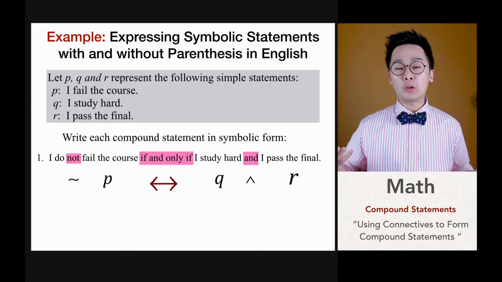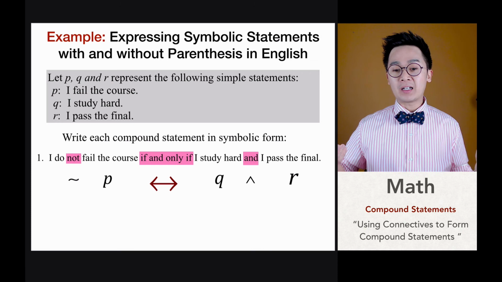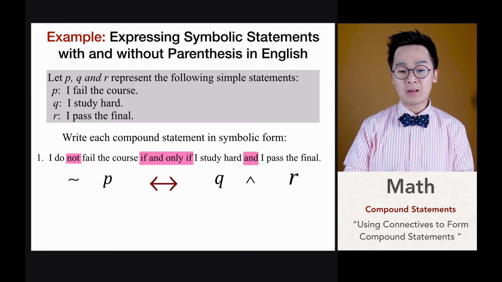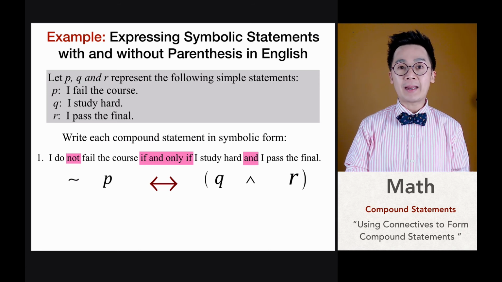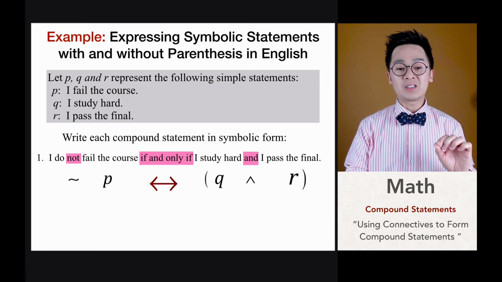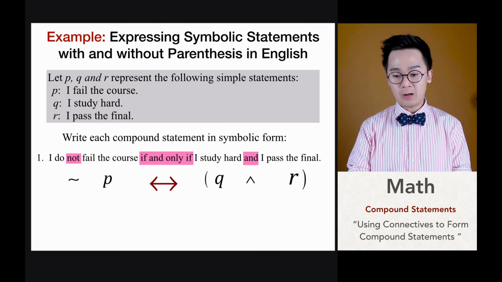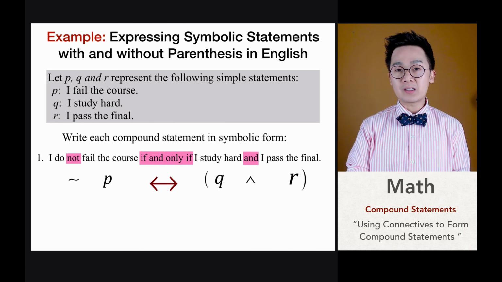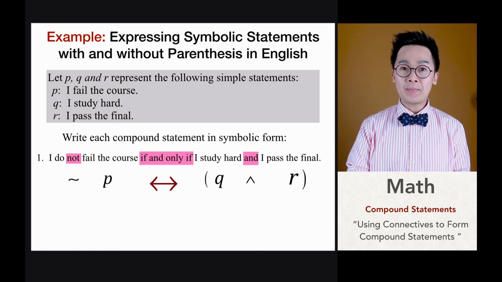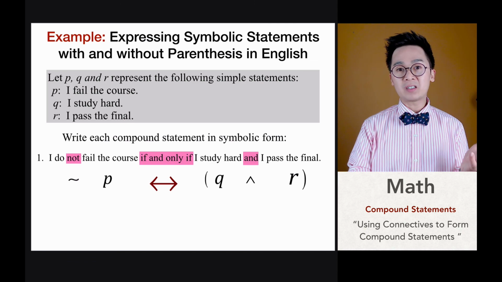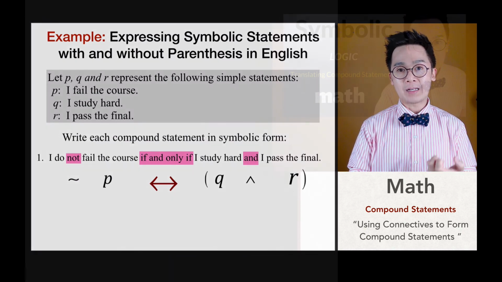So we are going to be grouping our consequent right here, which is Q and R, and put it inside the parentheses. So if we're going to translate our compound statement using parentheses, this is how we're going to work it out. So this is how we use the symbolic form of our compound statement using the operations that we've been using from the previous lesson and in this compound statement lesson.